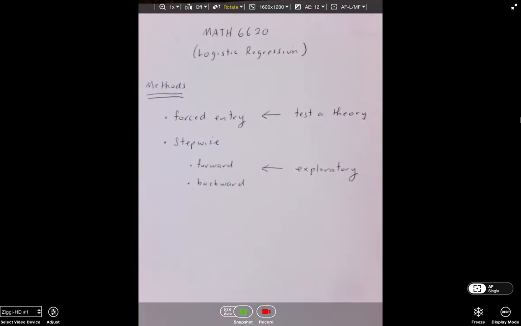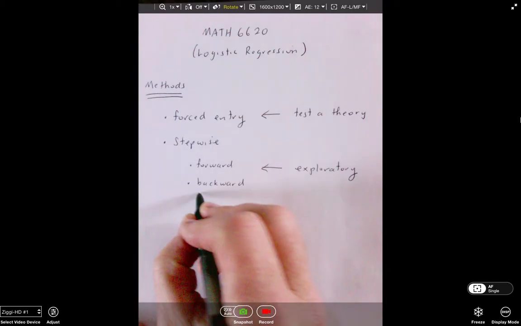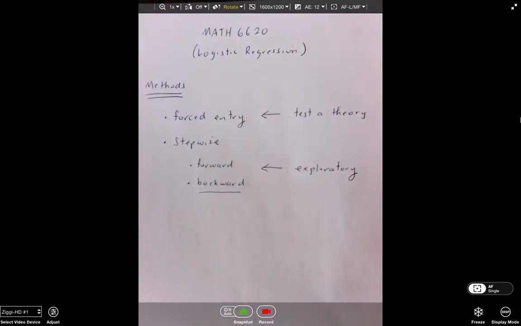But if we want to do exploratory, we could use a forward, backward, or stepwise logistic regression. Let me explain these to you a little bit. At the end of the day, forced entry just means we put all of our predictors in, and we examine the coefficients and the overall model. Stepwise works a little differently. Backward elimination is going to throw all the variables in, and then it will take the coefficient with the highest p-value that's not statistically significant and take it out. It re-examines the model using a comparison of something we're going to learn called the deviance statistic, and sees whether or not the model experienced a significant improvement.